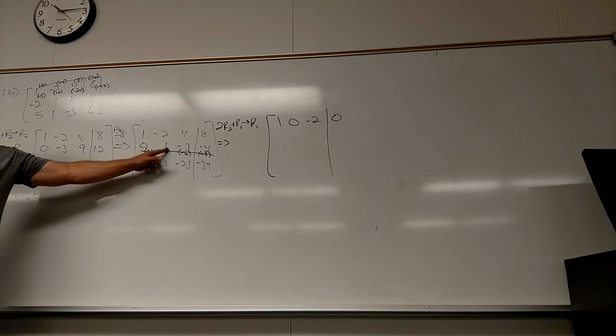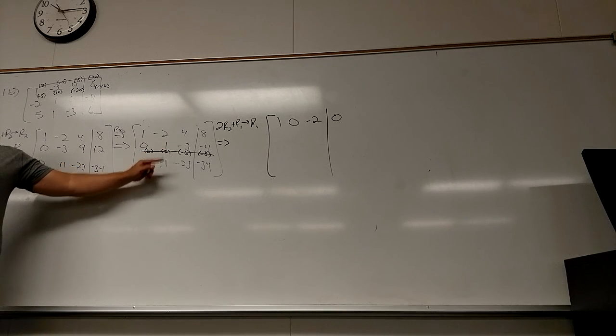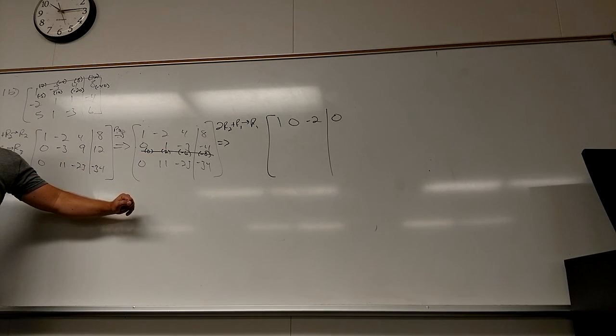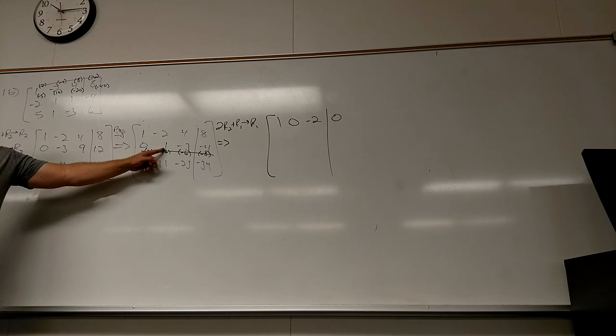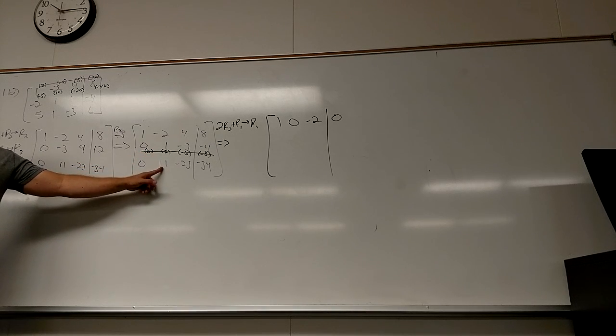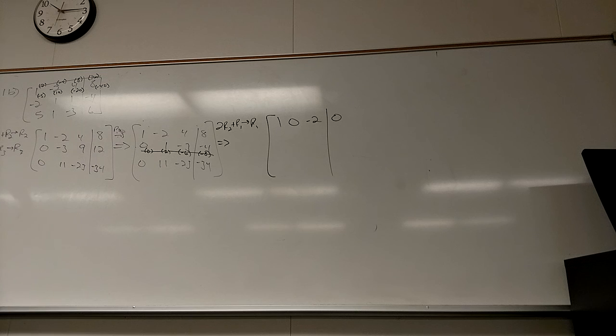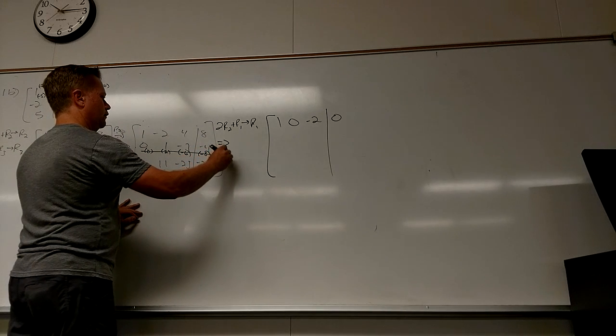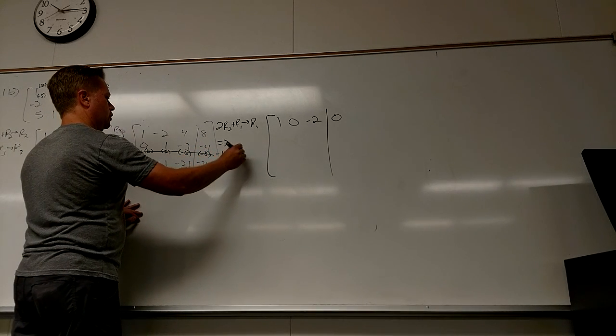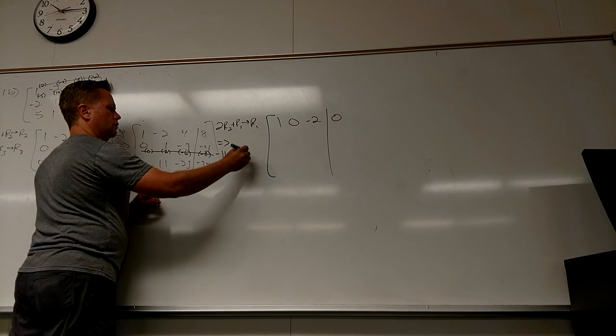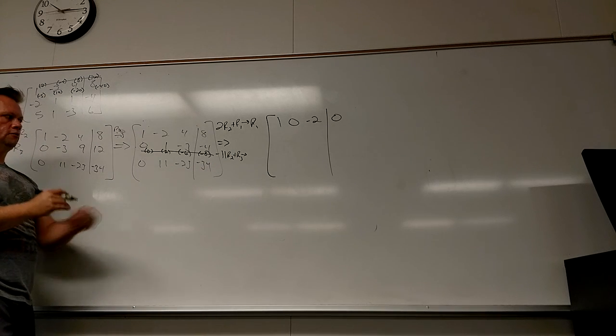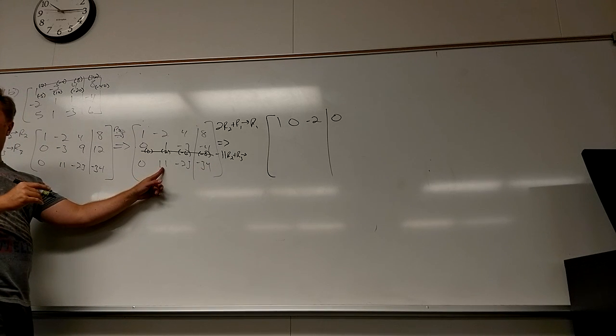How else can I use the 1 again? I can do what now? Yeah, multiply this row by negative 11 so I can kill that 11. Again, because I want a 0 here also, right? So if I do negative 11 row 2 plus row 3, put the answer where? Row 3, that's where I want the 0.